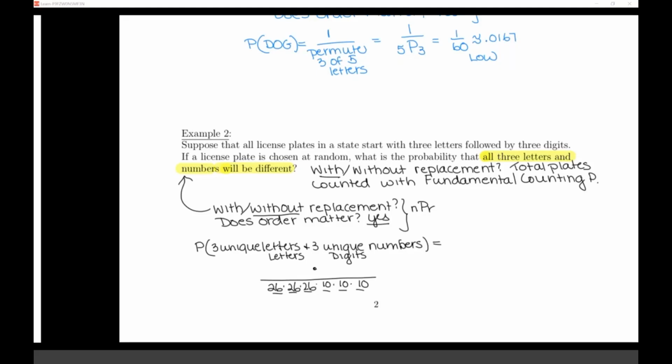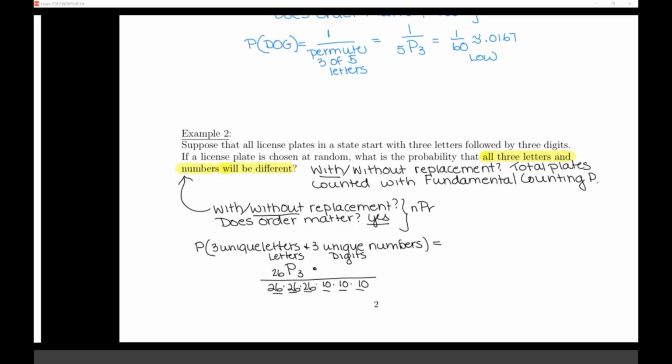I have a total of 26 letters, and I'm interested in 3 of those being permuted. The idea is you pick a letter, you throw it out of the pool, you can't pick it again. You pick another letter, you throw it out of the pool. Some people would say, isn't that just 26 times 25 times 24? Yes, that's what you'd get from the permutations formula.